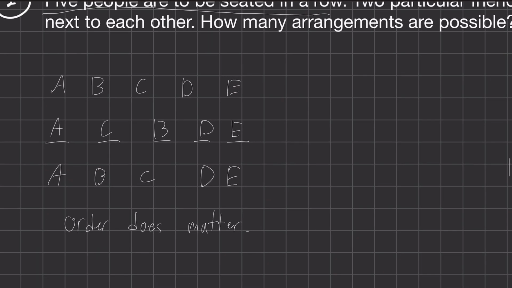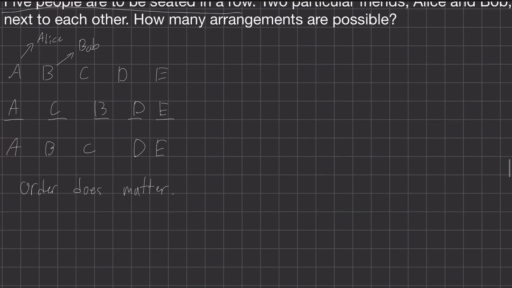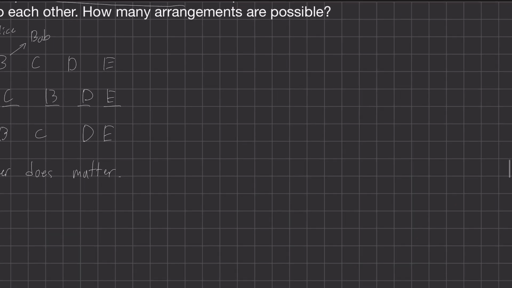So for ease, we'll call A Alice and B Bob. And this is actually a really clever way to solve this. Here, I'll write this again: A, B, C, D, and E, and there's 5 spots.